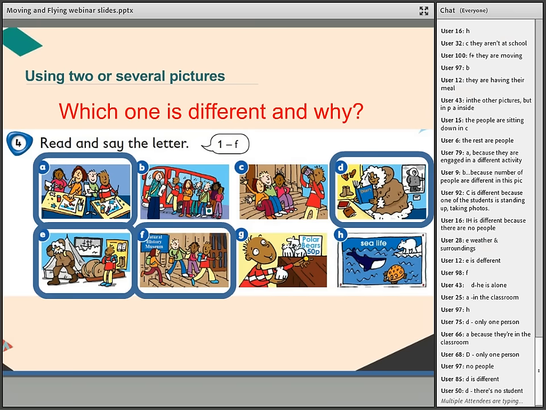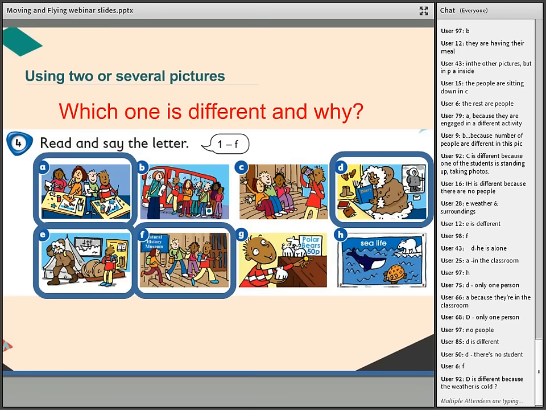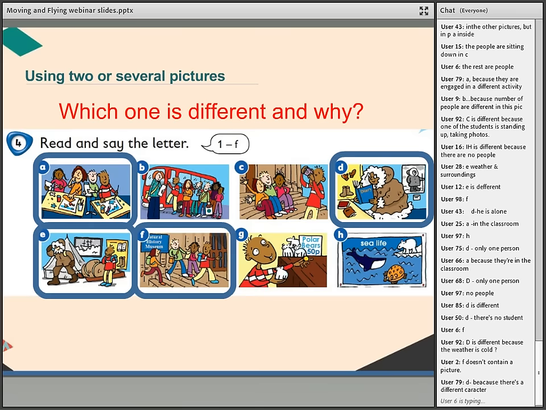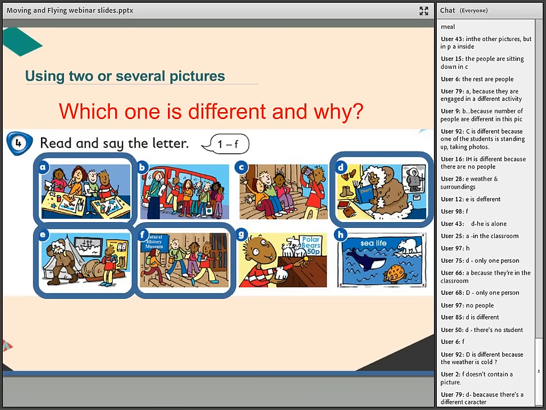But for example, we could say F is different because they are outside the museum. In A, D, and E, they're inside the museum. And please note that this task is in the movers speaking test, but it is not in the flyers speaking test.